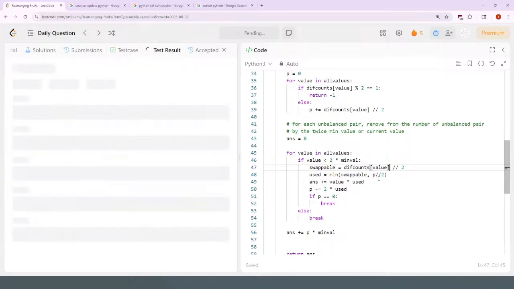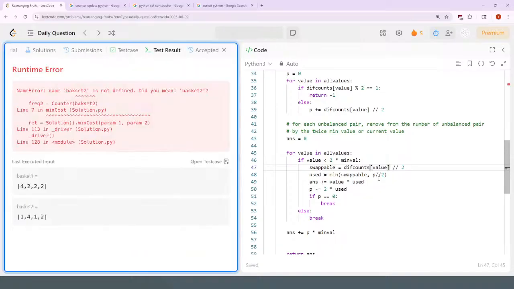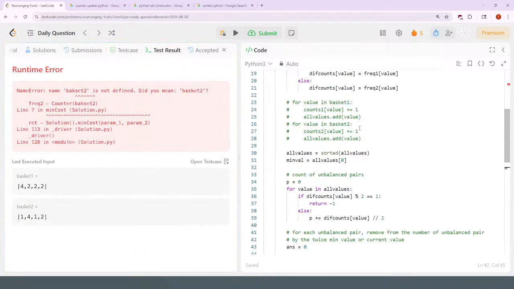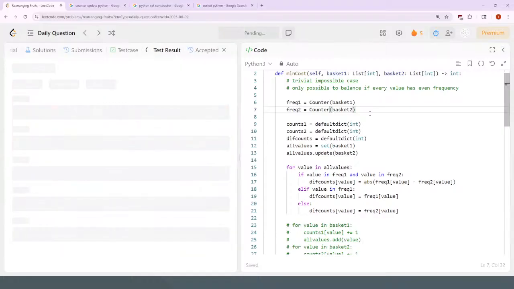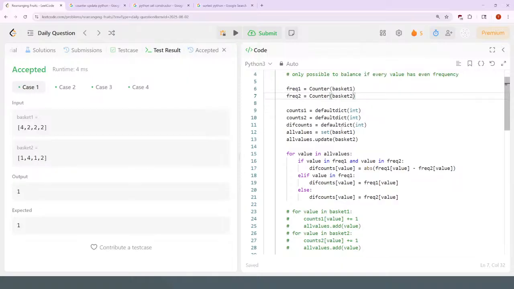Okay, I think this is still correct. Basket 2 is misspelled. Hopefully. Did a lot of changes. Okay.